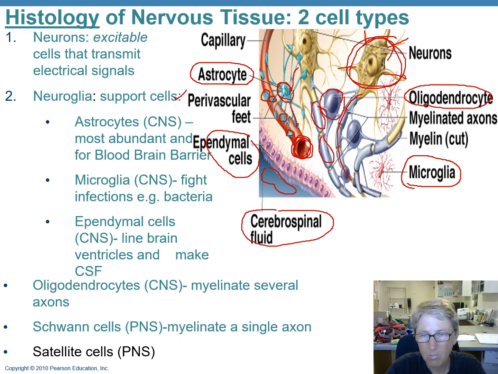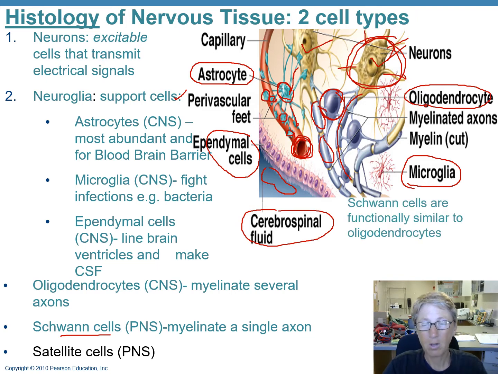So if you see this oligodendrocyte right here, it's myelinating the axon of this neuron, and it's myelinating the axon of this neuron. And oligodendrocytes live in the CNS. Schwann cells myelinate a single axon, and they do it in the peripheral nervous system, not the central nervous system. Functionally, Schwann cells and oligodendrocytes are similar because they're both myelinating axons of neurons.